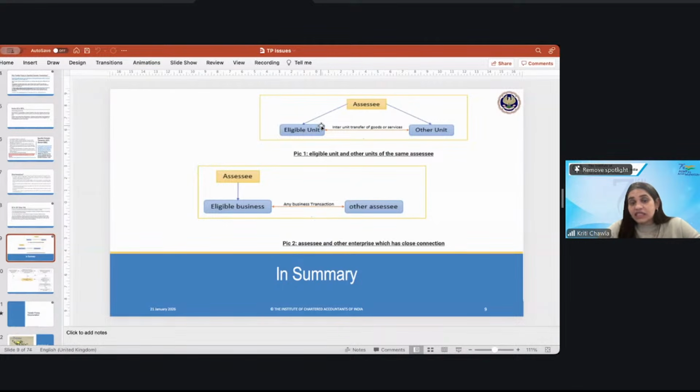Alternatively, if there is an assessee which has an eligible business and the eligible business has business transactions with other assessees with which it has a close connection, then also the SDT provision will be applicable, as long as the transactions are the ones that are mentioned in section 92BA and the threshold of 20 crore rupees is crossed.